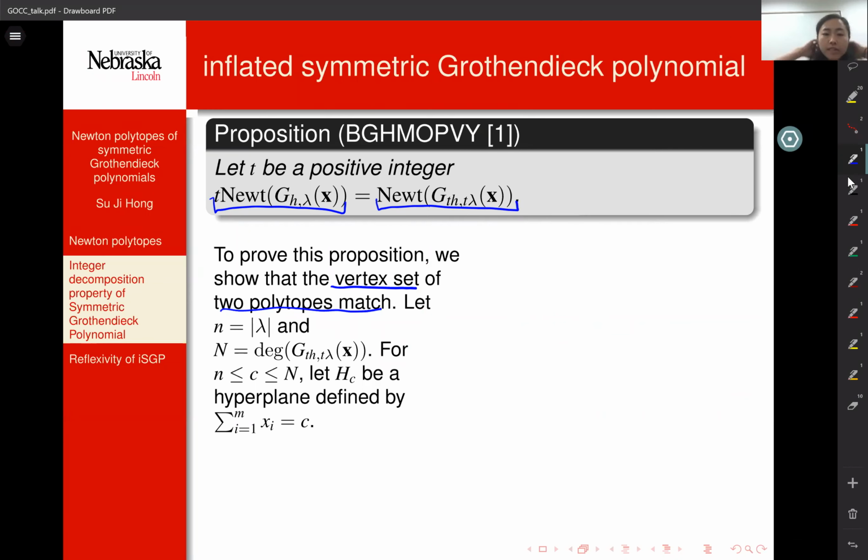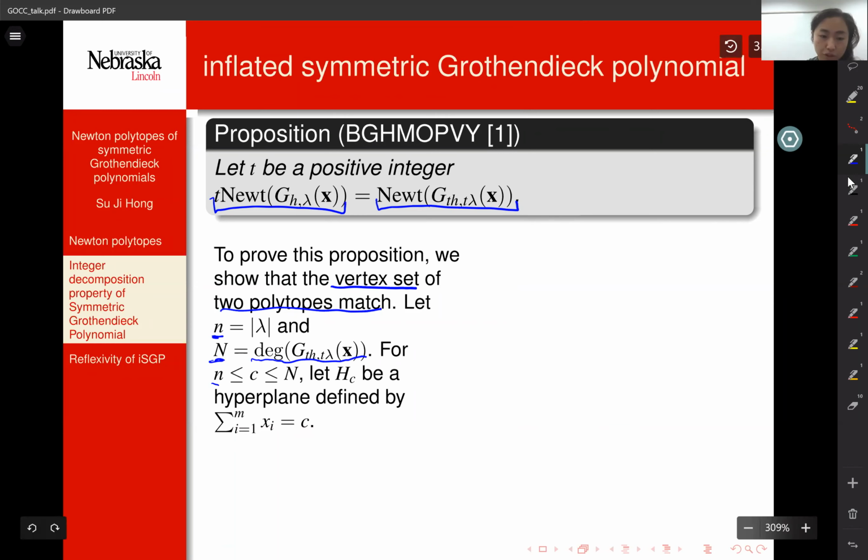To look at the vertex sets of those, we first needed to identify which ones are going to be the vertices of each of these polytopes. In order for us to do that, we looked at each of the layers. The way we define layers for these Newton polytopes is, we let small n be the size of lambda and big N be the largest degree, so the degree of the symmetric Grothendieck polynomial.